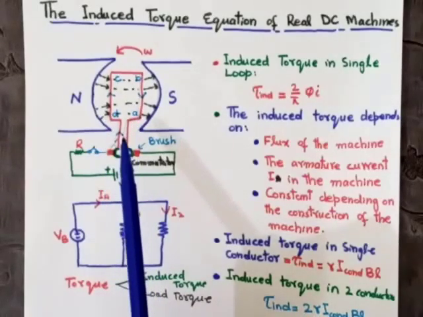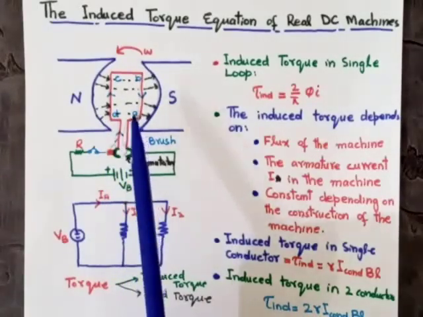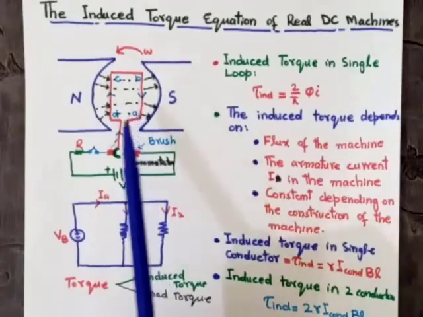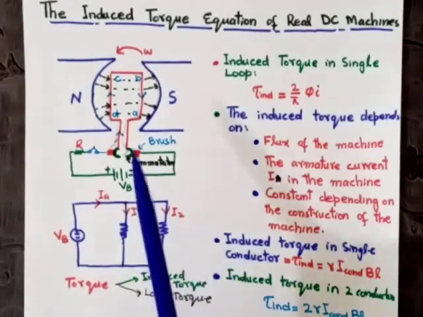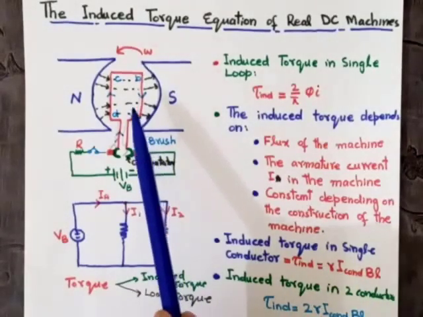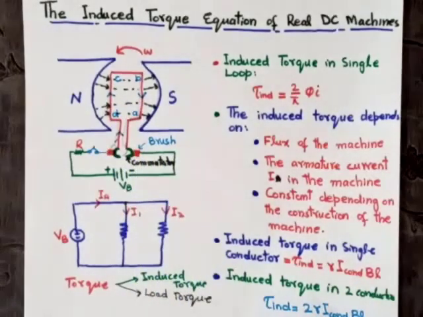Here the number of loops is 1. In case of one loop, one side of the loop is called the conductor. The torque across the conductor AB is RILB. The total torque across the two conductors will be tau induced equal to 2RILB.